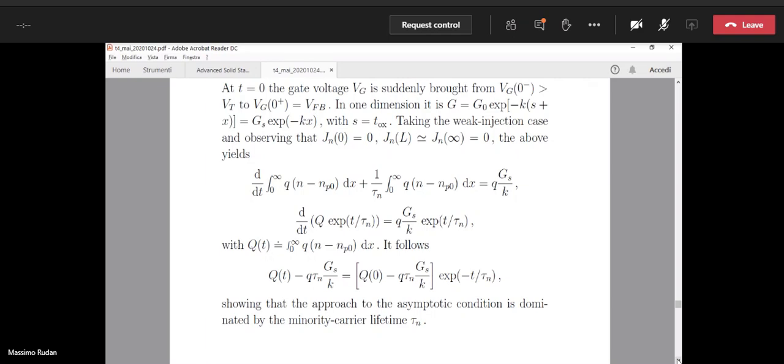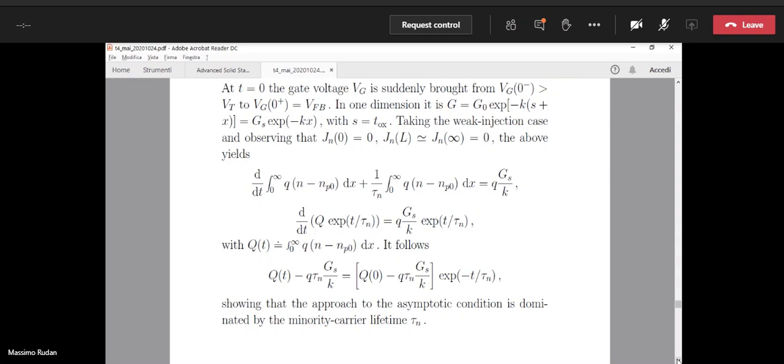Conclusion, the asymptotic condition of the excess charge is dominated by the minority carrier lifetime tau n, and tau n is not very short. You remember, tau n may be of the order of 10 microseconds, okay? So that means that the sampling time may be excessively long, okay?